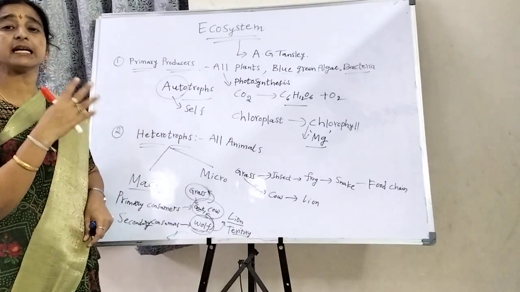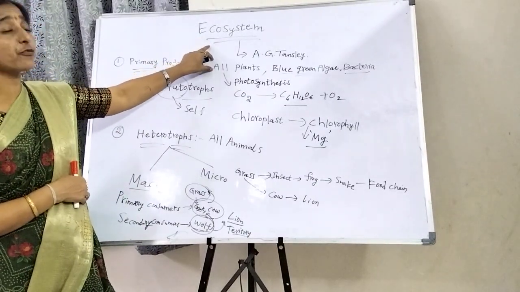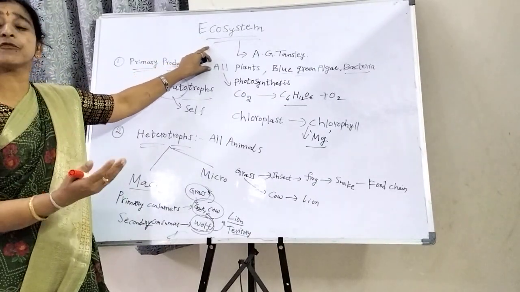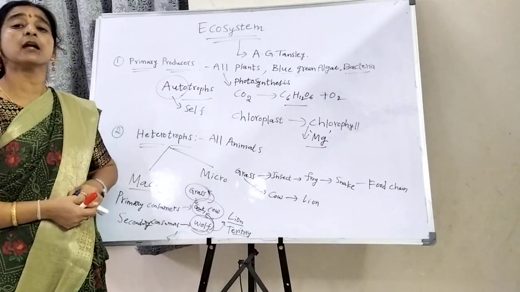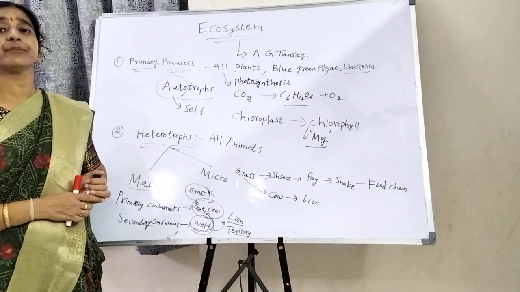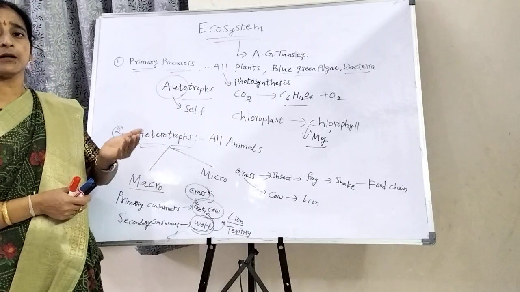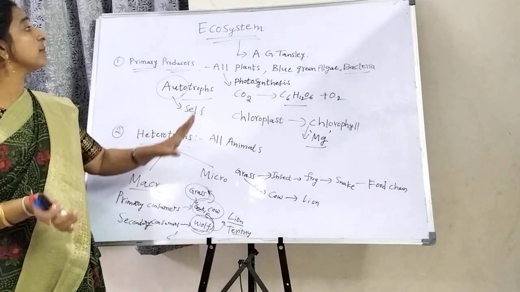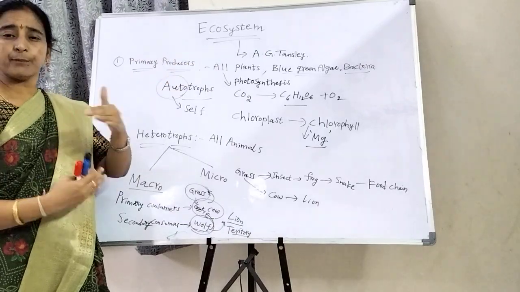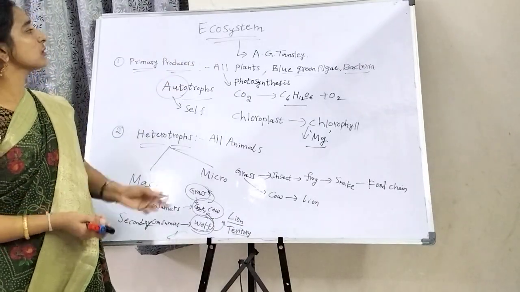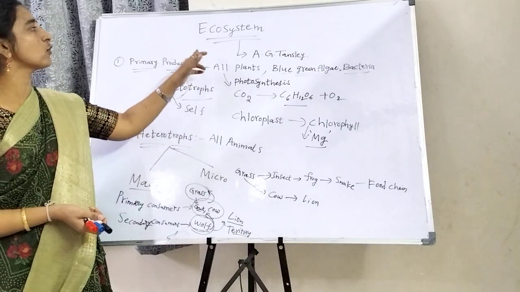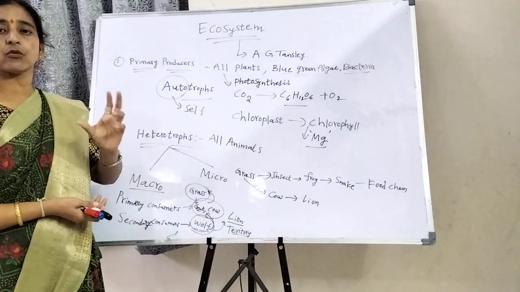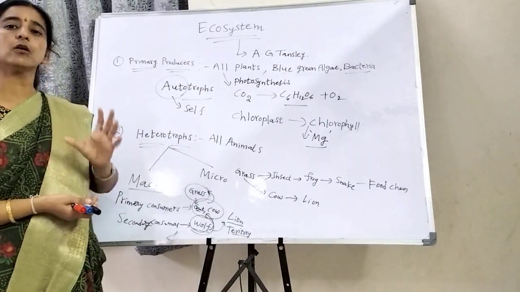If any floods or emergencies, any disasters occur in nature, the system will automatically balance itself. That is the basic thing of an ecosystem, and that's why it is known as homeostasis.